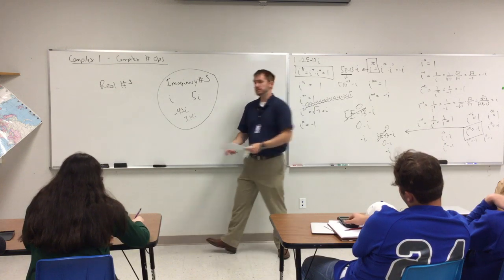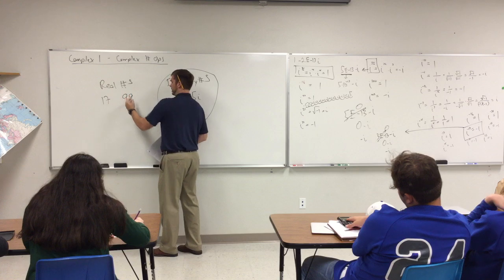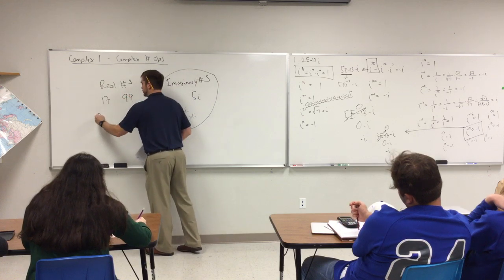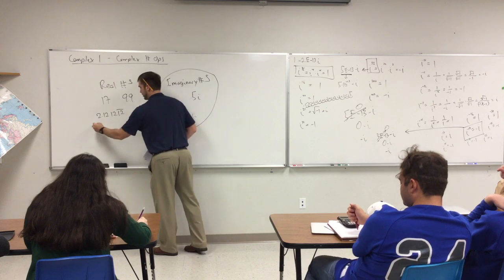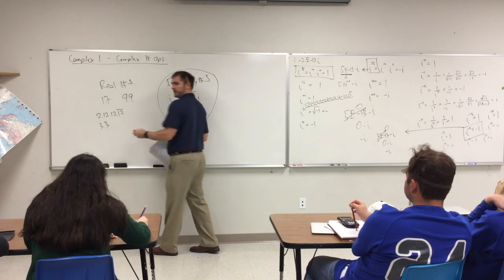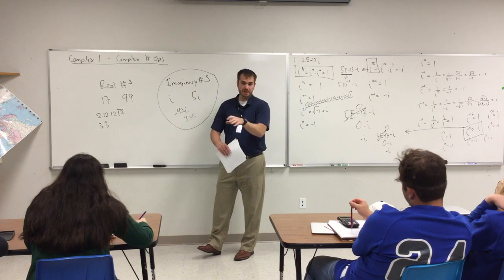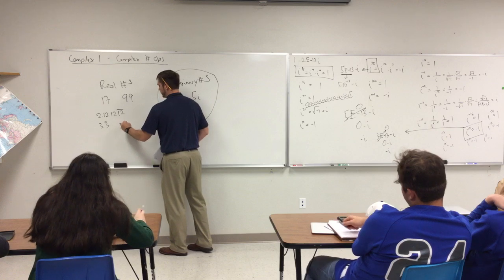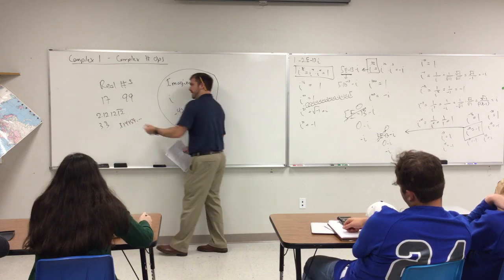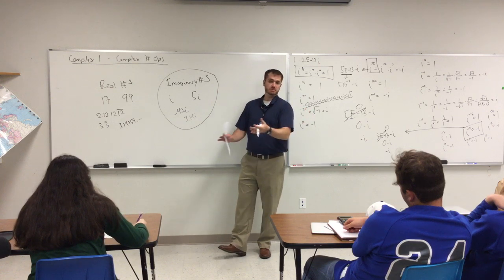Some real numbers are numbers like 17, 99, 2.121212 repeated, 3.3 repeated. Numbers that don't repeat but still go on forever, like 3.14159, like pi, that's a real number. It's not rational, but it's still a real number.